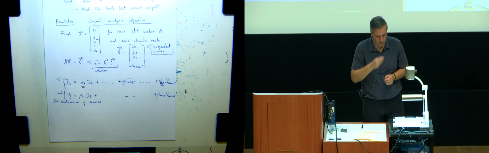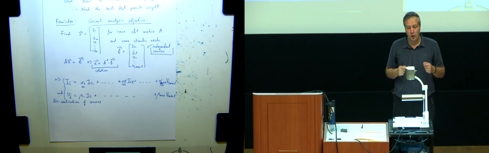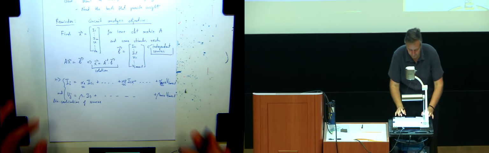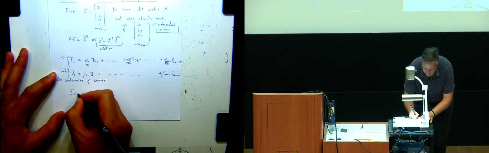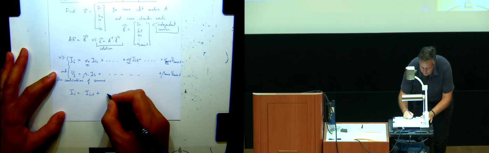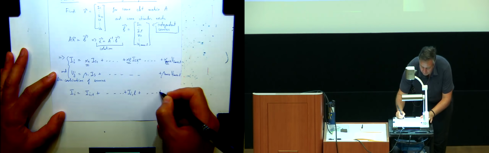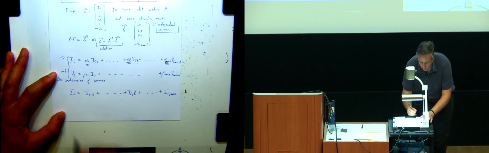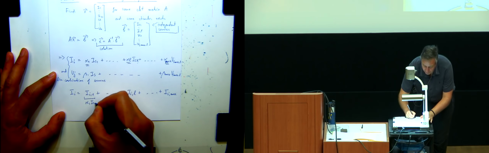Right? So, that's true. Then I can start looking into these individual contributions separately. So how do I do that? Well, let's say I can represent I as I1 plus blah, blah, blah, plus IL plus I(M+K), where each one of these is, let's say this one is alpha 1 is I1.